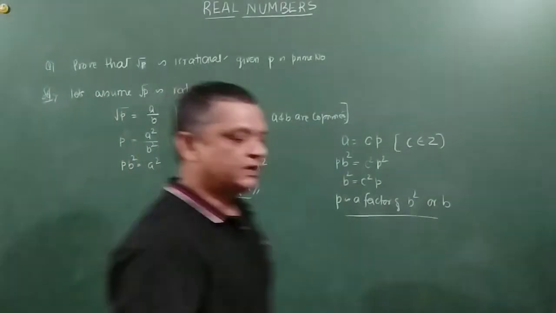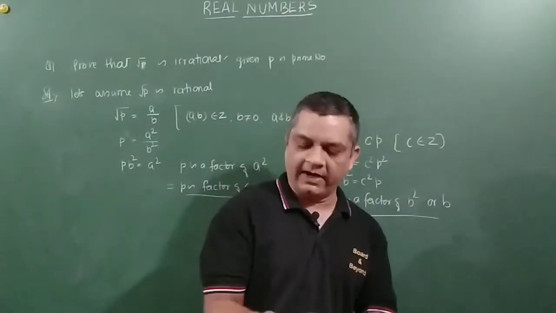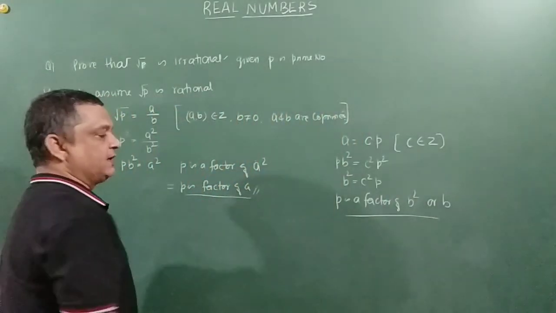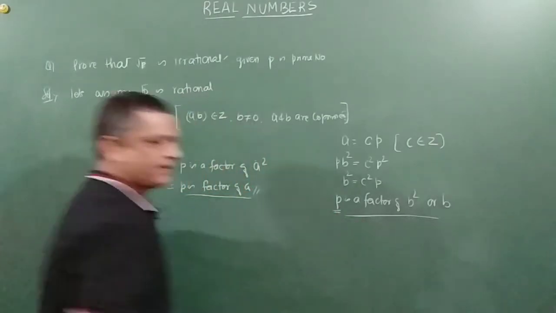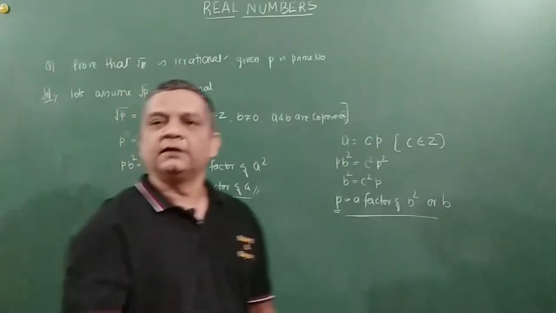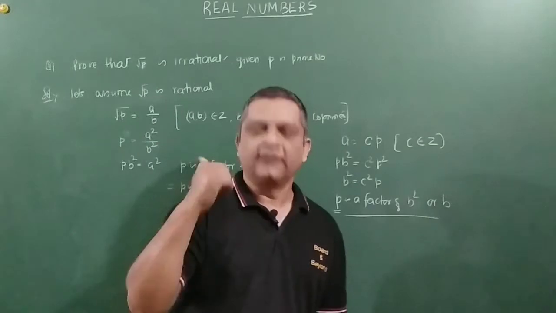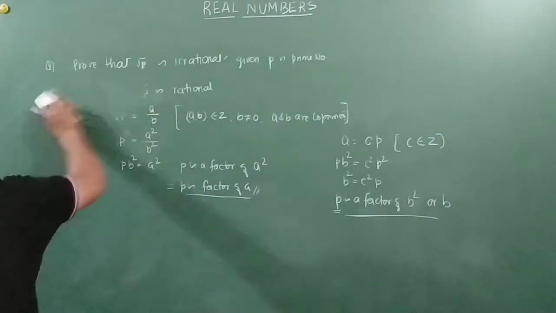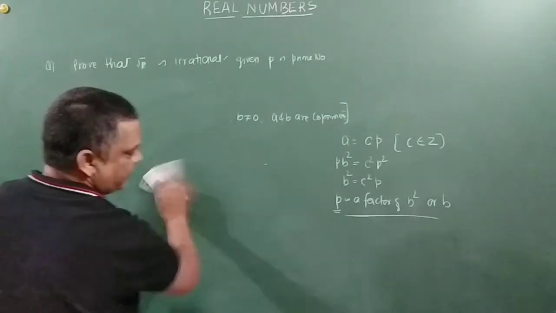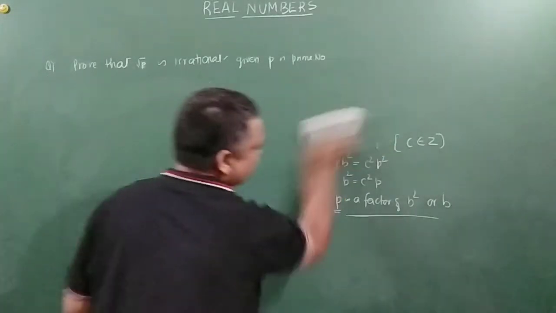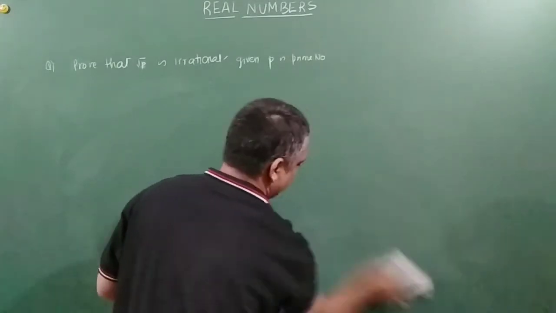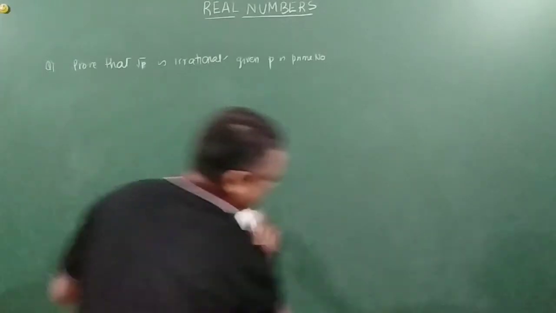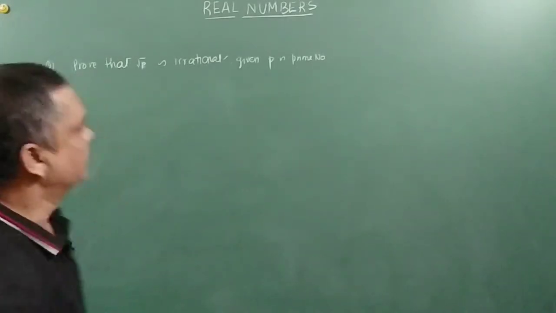That means they should not share any common factor other than 1, but they are sharing another common factor that is equal to P. Hence our assumption is wrong and root P is irrational, right? Okay. So it was actually on the same lines. So basically I have not written any commentary or any justification, right? But in the examination please do write, otherwise you will not get full marks, right?